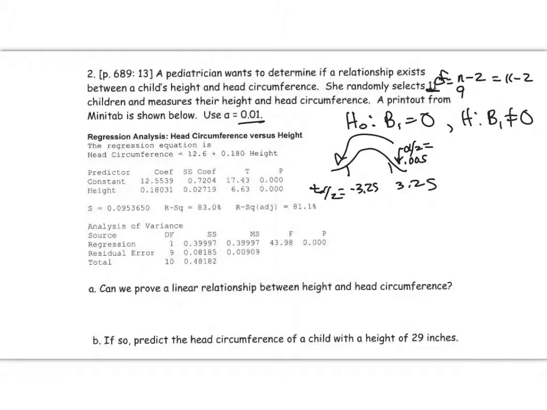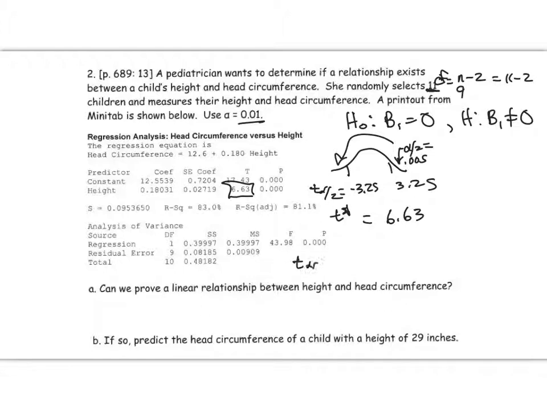And then I go over here and I look at the t-value in my table, my critical value, is 6.63.